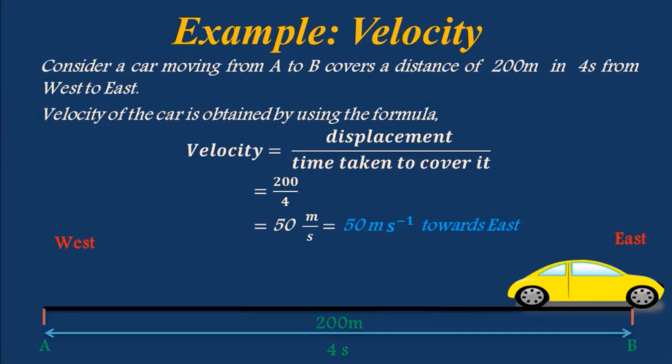Now let us see the types of velocity. We have already known about the types of speed. Now we are going to know about the types of velocity. Now, uniform velocity.